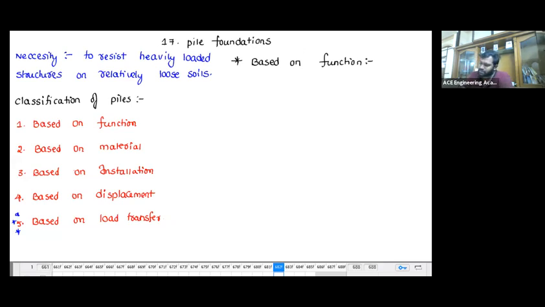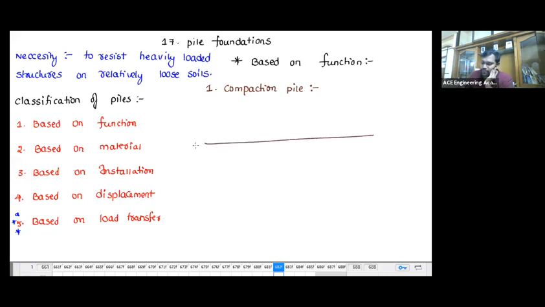Based on function, there are various types of piles. Number one, compaction pile. What is the meaning of this compaction pile, sir? Listen to me carefully.